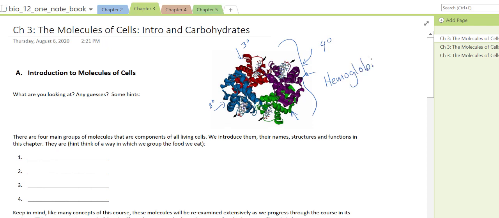This is one protein molecule, but it consists of four subunits, each interacting in a way to make one functional quaternary level of a protein.